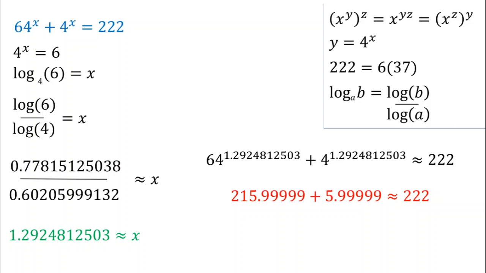And so you'll see that we've got 215.99999 plus 5.99999, which should approximate 222, which it does to within about 2/100,000ths of 1. And once again, if we wanted to get more significant figures, we would just have to expand our approximation of log 6 to more decimal points.